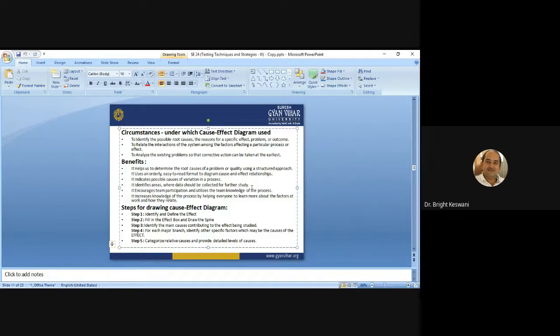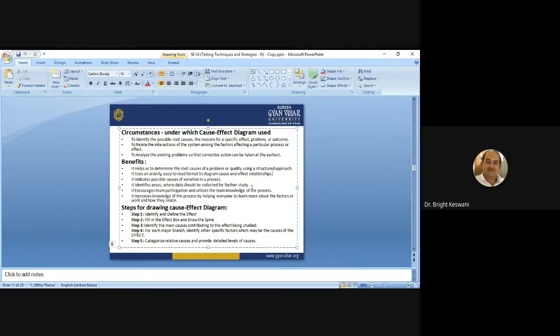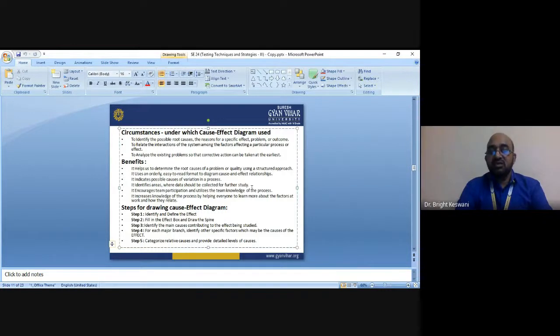Next, it indicates possible causes of variation in a process, and it defines areas where data should be collected for further study. Another benefit, it encourages team participation and utilizes the team knowledge of the process. Because software development is essentially teamwork, testing is essentially teamwork, so you have to gather knowledge of different people.